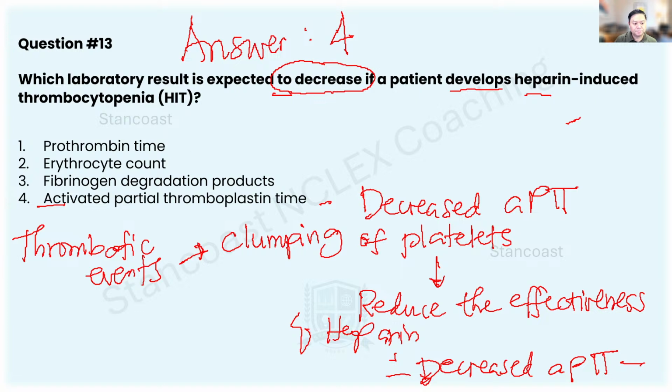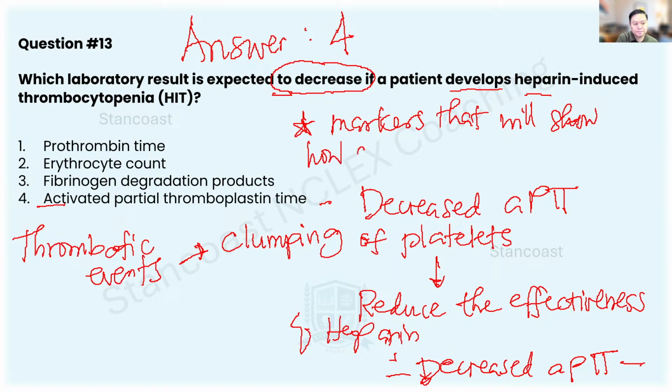Number 3, again, fibrinogen degradation products. They are considered to be the markers that will show how quickly the blood clots break down.